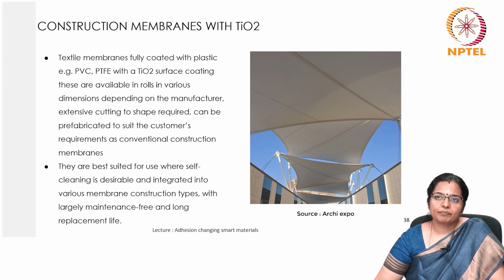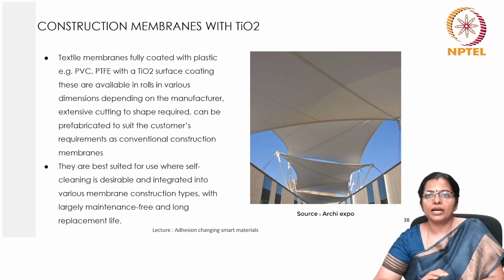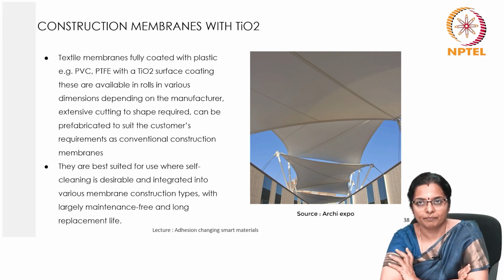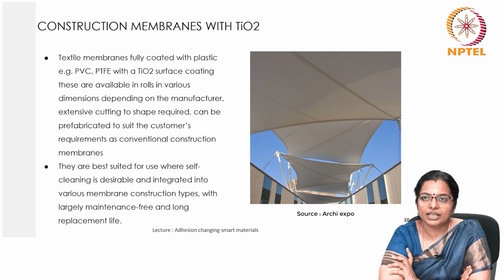Textile membranes, which are fully coated with plastic such as PVC or PTFE with a titanium dioxide surface coating, are available in rolls in various dimensions depending upon the manufacturer. Extensive cutting to shape is required.